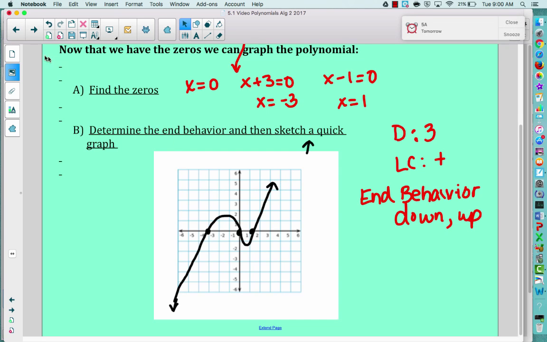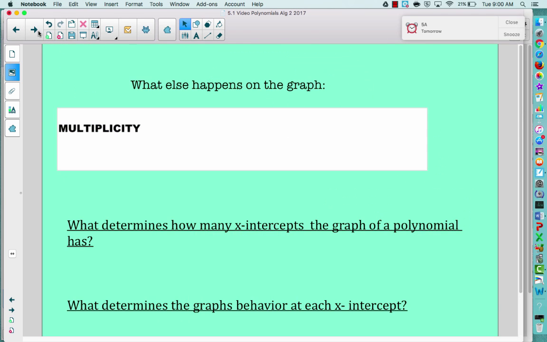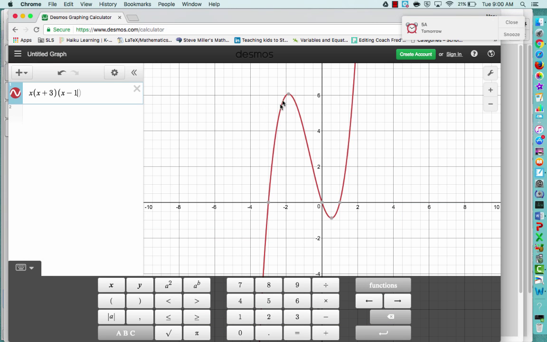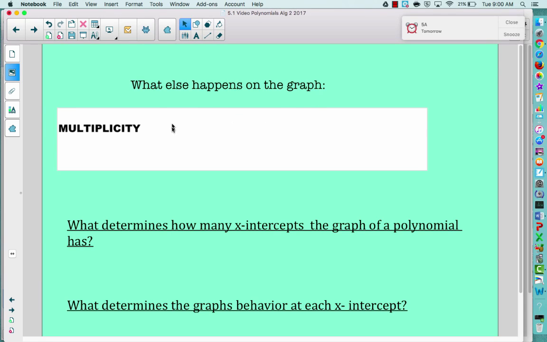All right, so let's put this all together. There's some other things that actually happen on the graph that we need to be aware of, okay? So if I think about that Desmos graph, how did I know that it went all the way up here? And how did I know that it didn't just stop here and go back down? We can actually find that information using what's called the multiplicity of the graph.